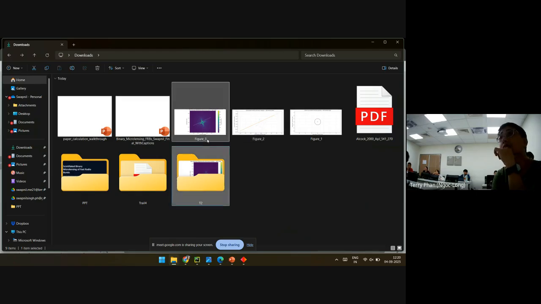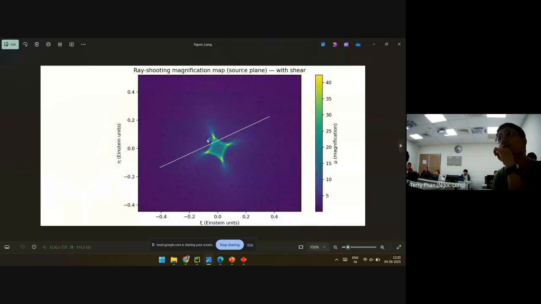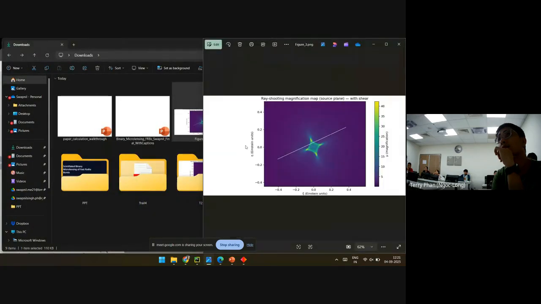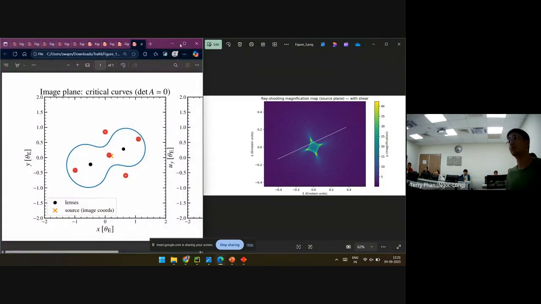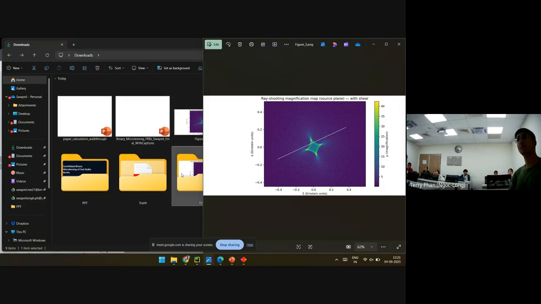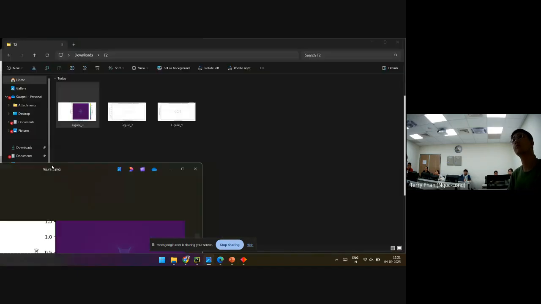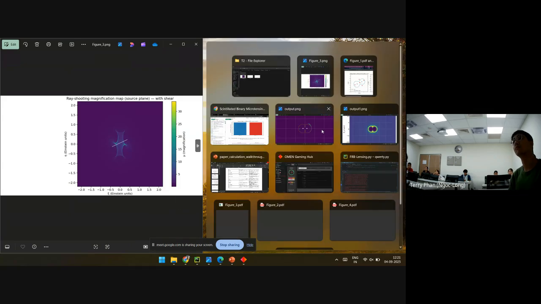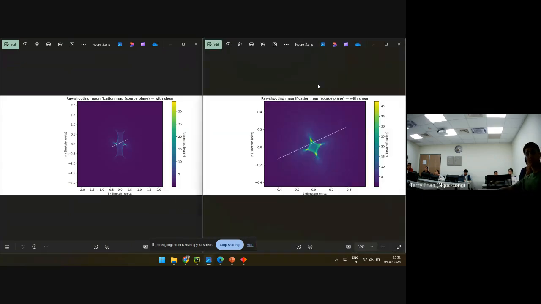Like this is for a single mass, compared to this plot. In this one we are having two masses here, M1 and M2. In this case, we are having only one.